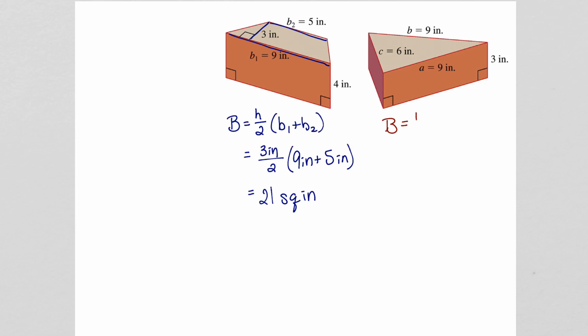It's an isosceles triangle, so we'll use that formula. For an isosceles triangle, that was that really big formula: 1/2 the base times the square root of a squared, that's one of the sides, minus the base over 2 squared.